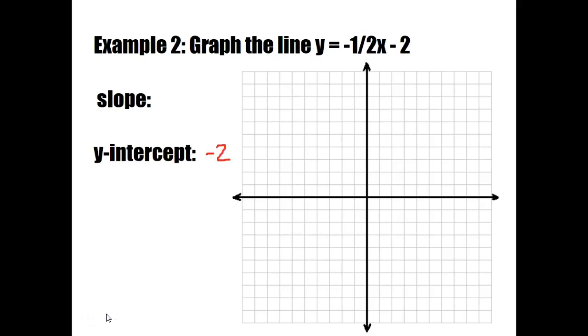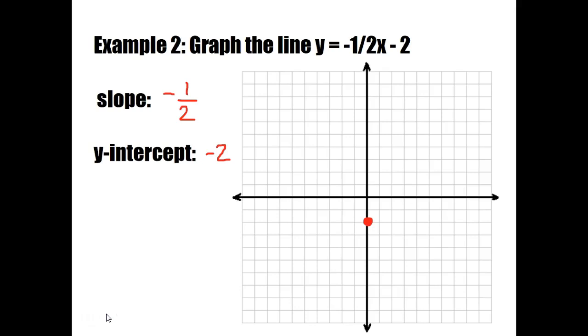And that is the point we start the graph. We plot that point on the y-axis. So you're going to plot the point 0, -2. What's my slope? Zoe? Perfect. -1/2. So what does a -1 tell me? What direction am I going on -1? Good.